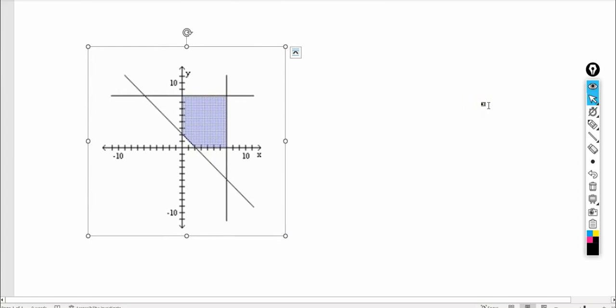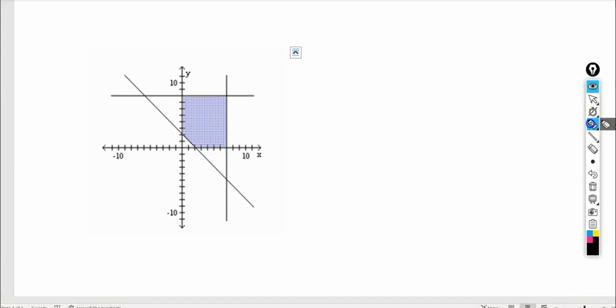Now, we should be able to see this horizontal line here. It goes through 1, 2, 3, 4, 5, 6, 7, 8. So this horizontal line has the equation y equals 8.